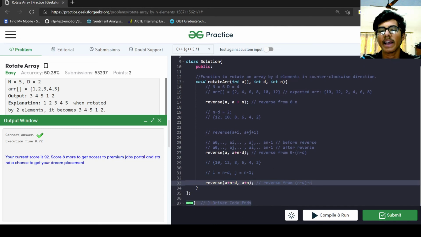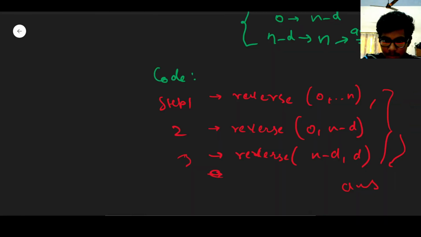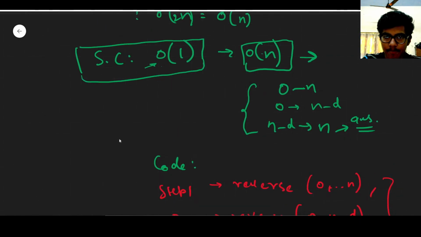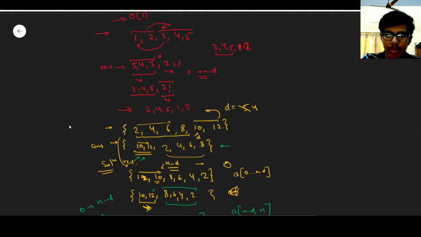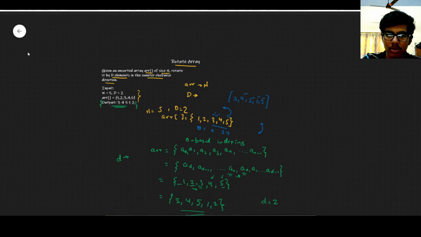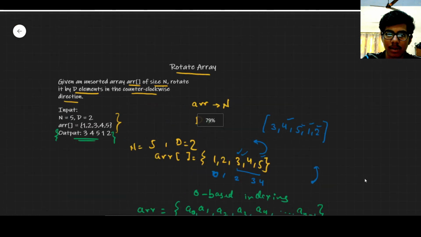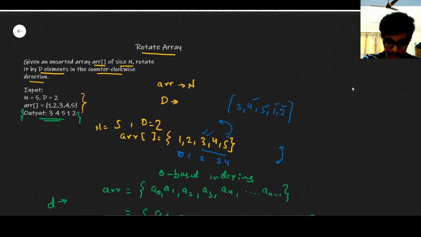So I think it is clear, but let me share my screen again, the other screen. So we came from here. So this is the problem of the day for Thursday, which is rotate an array.